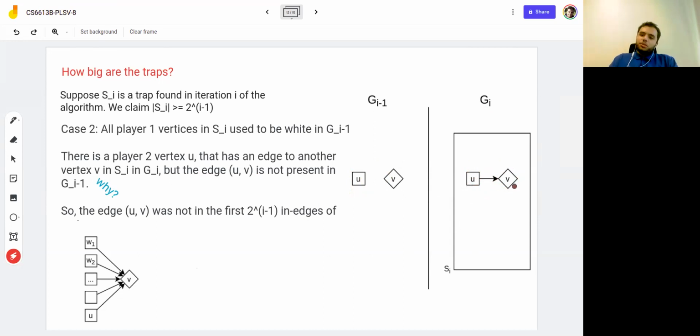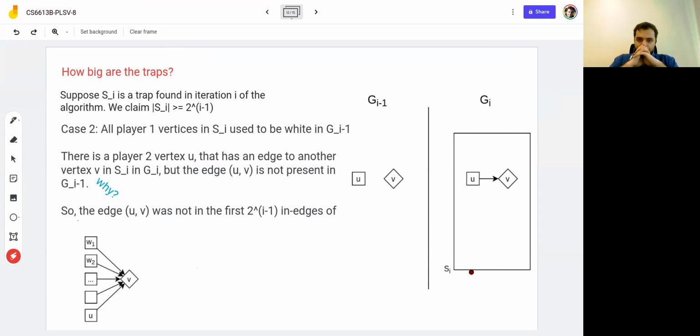V, I don't know who it belongs to, and that's why I'm showing it with a diamond. But anyway, the edge between U and V did not exist in G_{i-1}, but it now exists in G_i. And I'm claiming that both U and V are in my trap S_i.